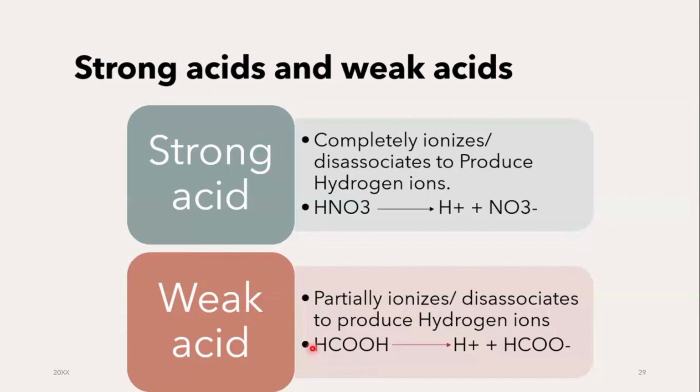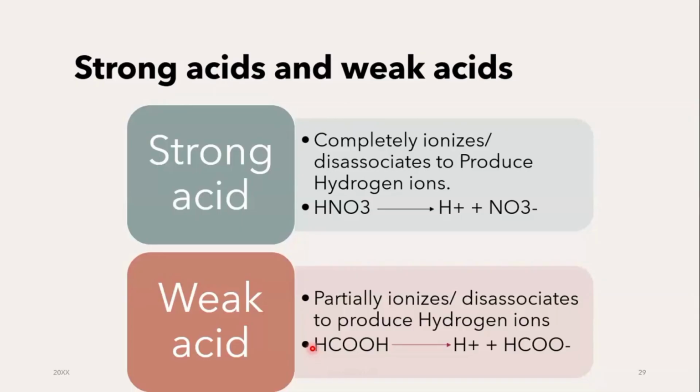Meaning that when they break down in water and ionize, they're going to produce all those ions, they're going to break down completely. Whatever hydrogen ions they have, they will just release all of them. They're not going to keep any hydrogen ions for themselves.